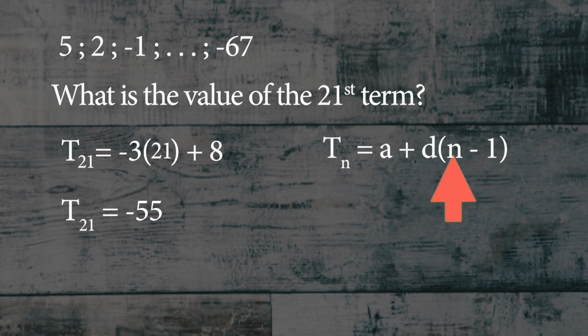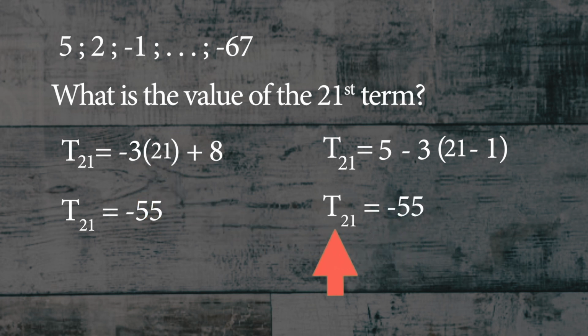But now we actually know what the n is. It's 21. So we do the substitution again. The term in the 21st position is equal to A plus the constant difference, and then 21 minus 1. Once we do this calculation, we get the same answer as before, which is minus 55. So the term in the 21st position is equal to minus 55. Okay, so that is quite easy.